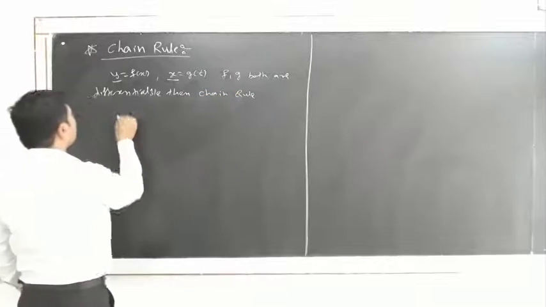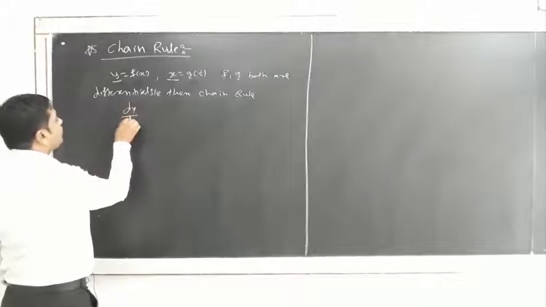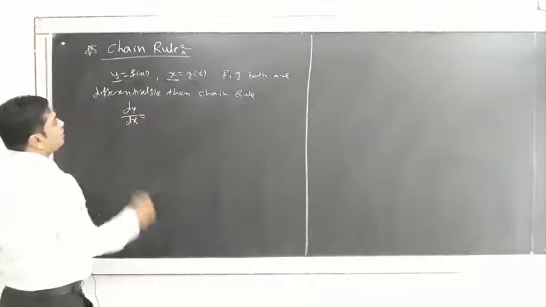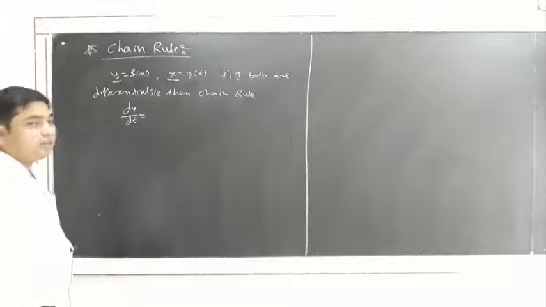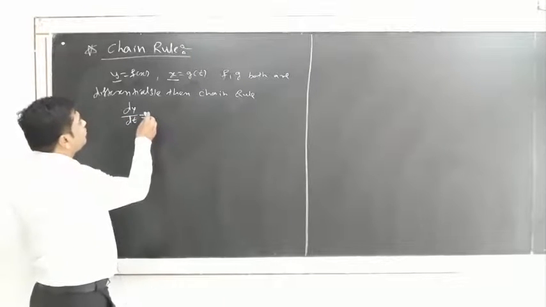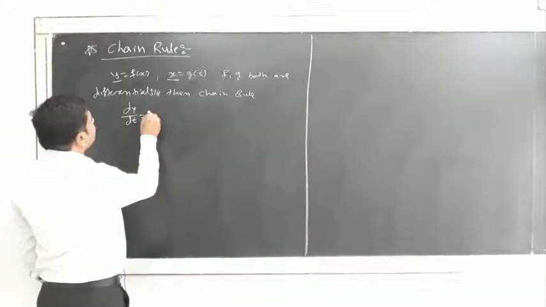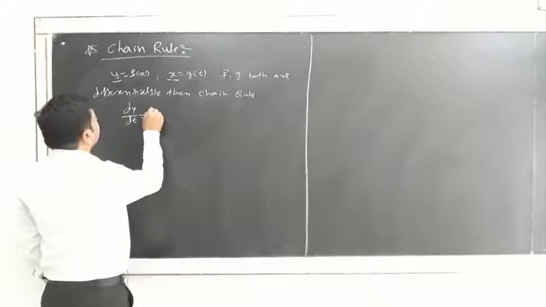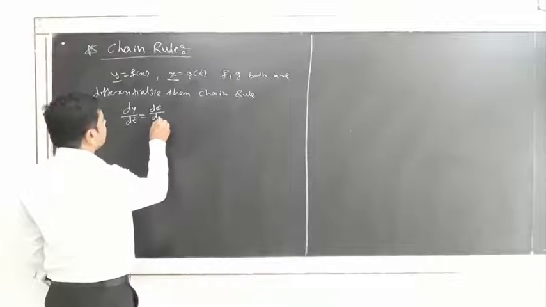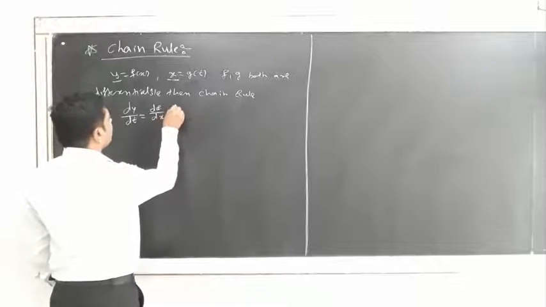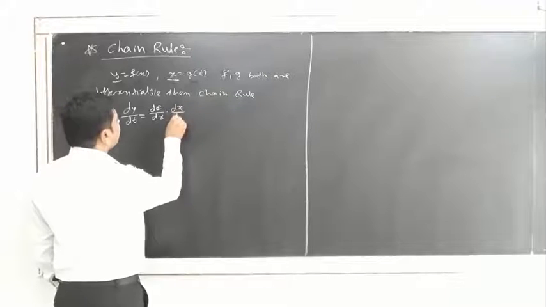So what is the chain rule? Suppose we have to find the derivative dy by dt. Then we can write df by dx into dx by dt.